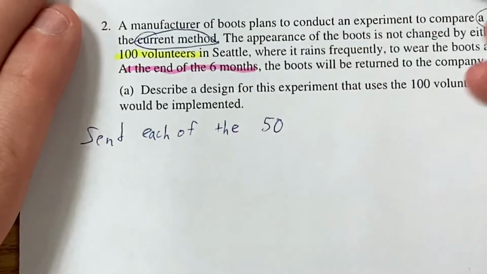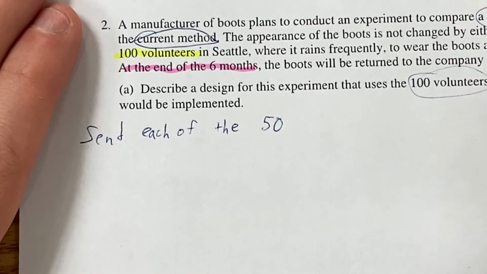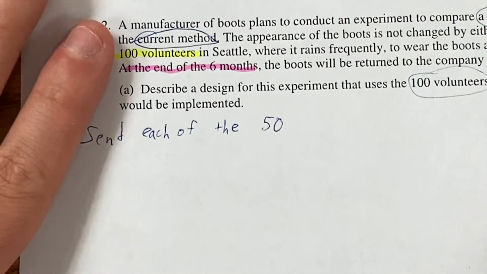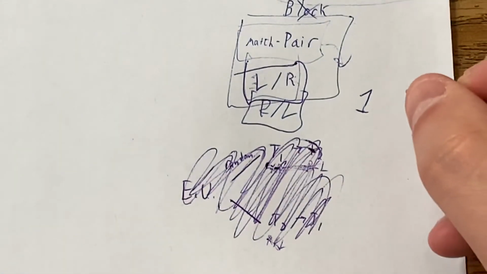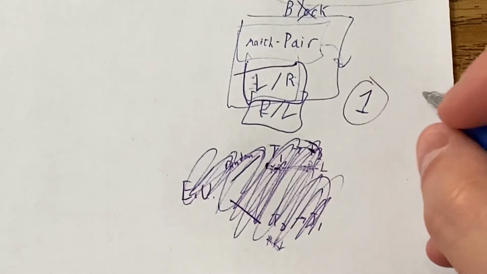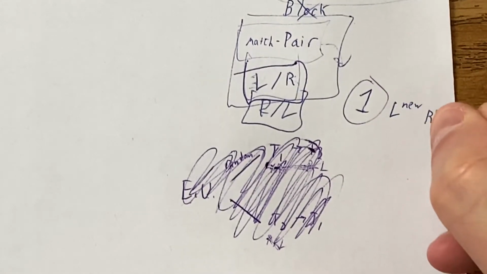The reason I'm saying 50 is because of the whole left foot, right foot. You do still want to randomize that part. You want to give half of them left, and then the right is like, sorry, I just realized I'm off the page. Like in the first group, you would have the left foot being the new and the right foot being the old.